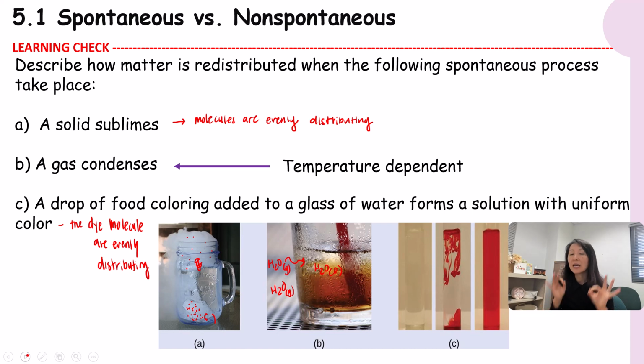Because it depends on temperature, it is a spontaneous process. So it's not everything is about even distribution of heat; it also depends on temperature, and we'll go into more detail in later videos.